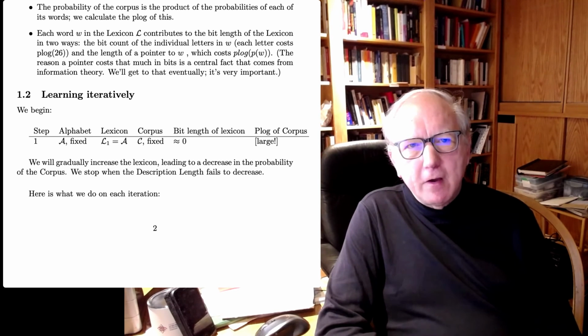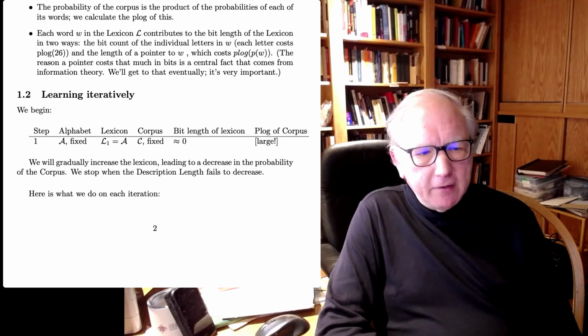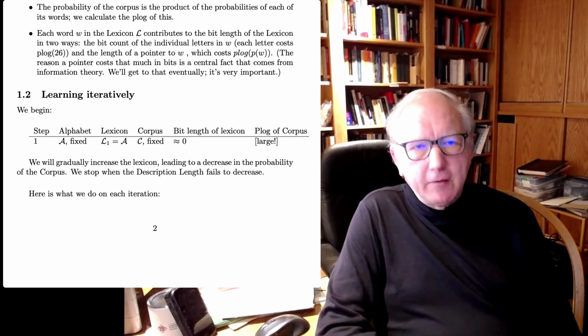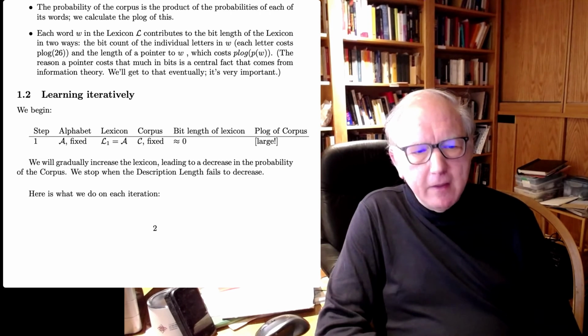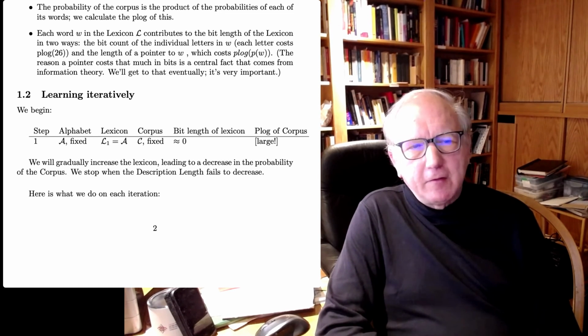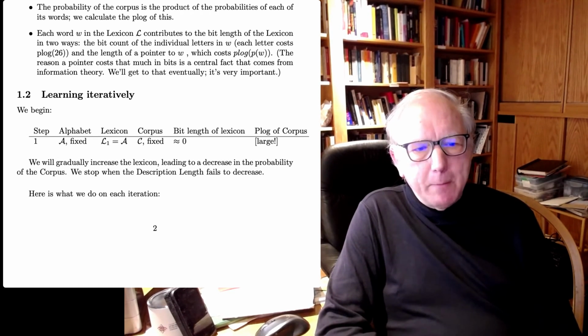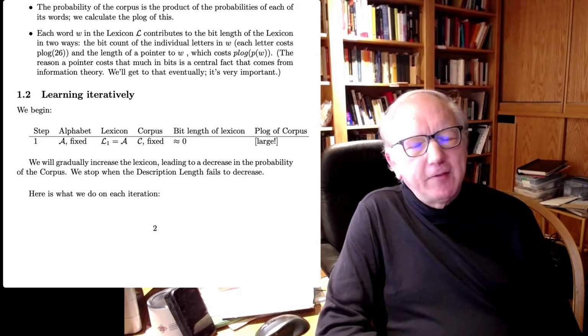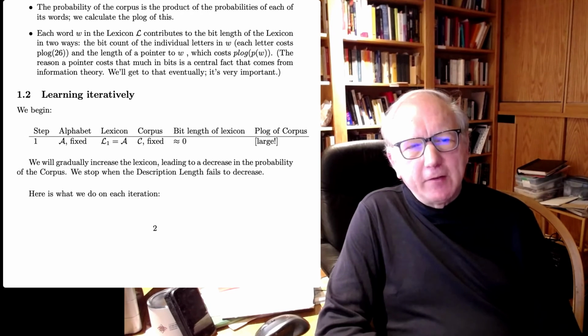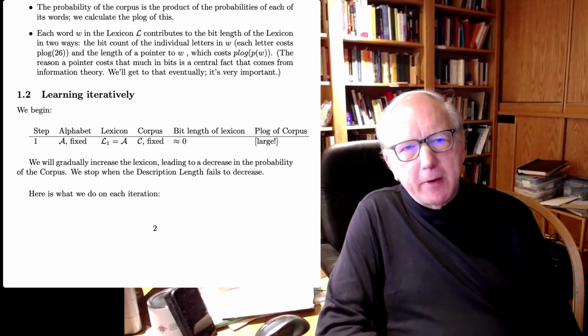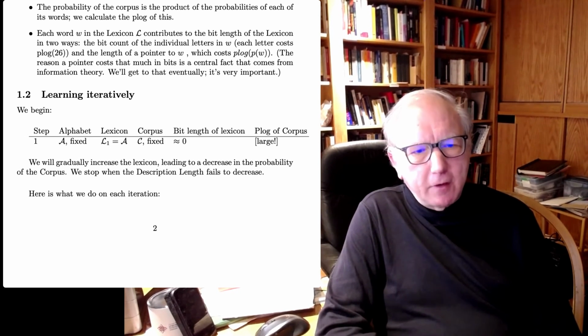We've got a lexicon, and right now the lexicon is just A, that is to say, capital A, the alphabet. So if the alphabet is the letters A to Z, then the lexicon is the letters A to Z. The corpus is fixed. It's given to us in advance. The bit length of the lexicon is essentially 0. Well, it has those 26 letters, so it's not 0, but compared to what it's going to be, it's pretty darn close.